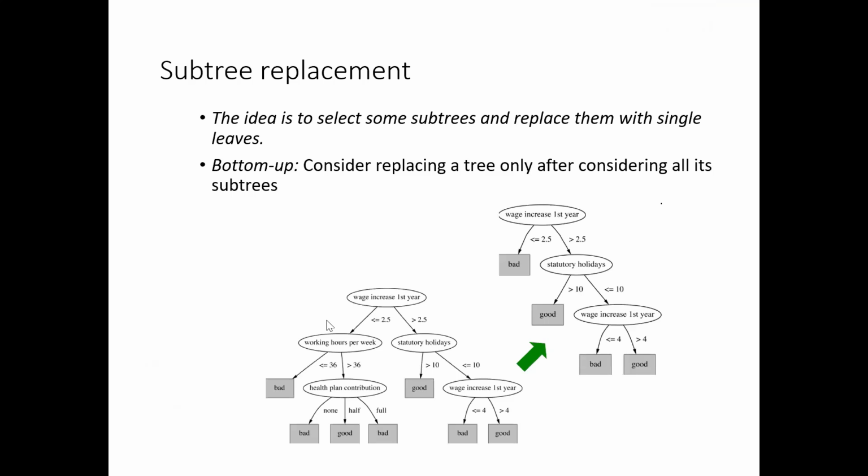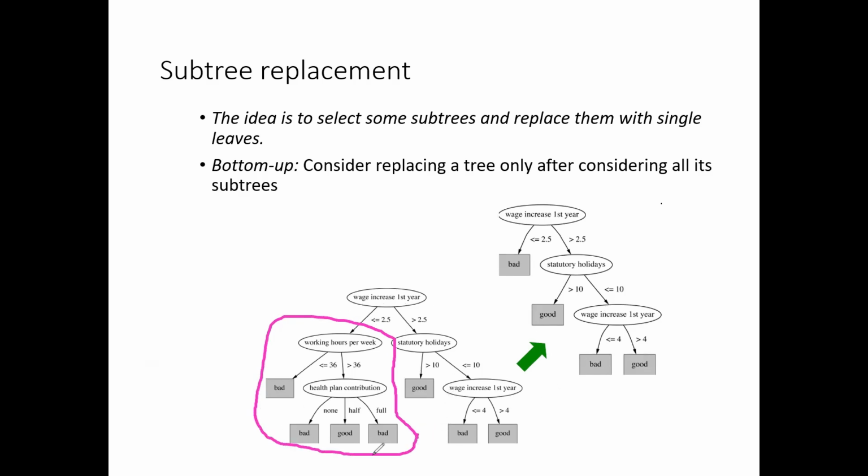So let's look at some examples of how you may simplify this. For example, subtree replacement, where you can actually look at what is available right now. This is the original decision tree. And if you look at only this part of the decision tree, what do you think? That's what we see here.